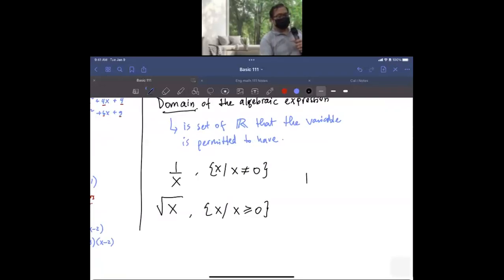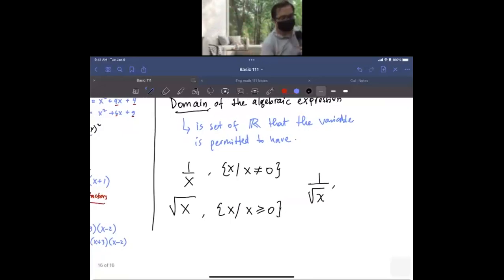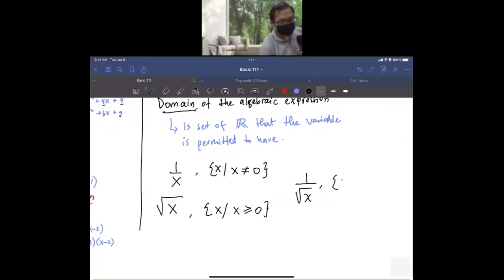And from these two, we might have 1 over square root of x, right? So we need to combine both. It's not 0, but it should be positive. So we could say that the domain will be x such that x, the intersection between these two.